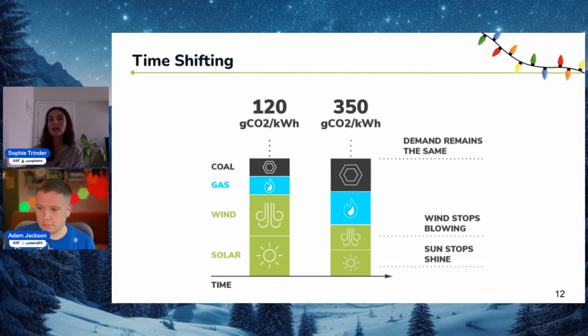So time shifting is where tasks that can be performed asynchronously can be shifted to be performed at a later time or a different date. When these tasks are set to be performed when the electricity is cleaner, that's known as carbon-aware time shifting.